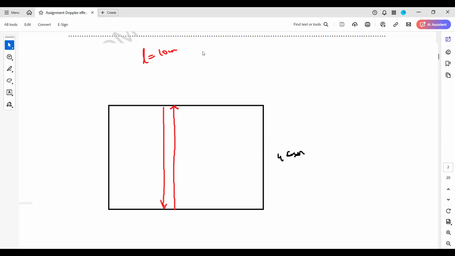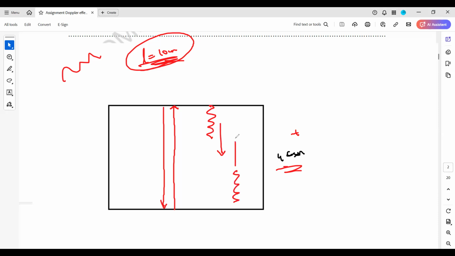So whenever we select a pulse length, the length of the pulse should be smaller than the thickness of the object. What is the reason for that? Because if you select one longer than the thickness of an object, then you cannot distinguish between the pulse which is sent and the pulse which bounces back.